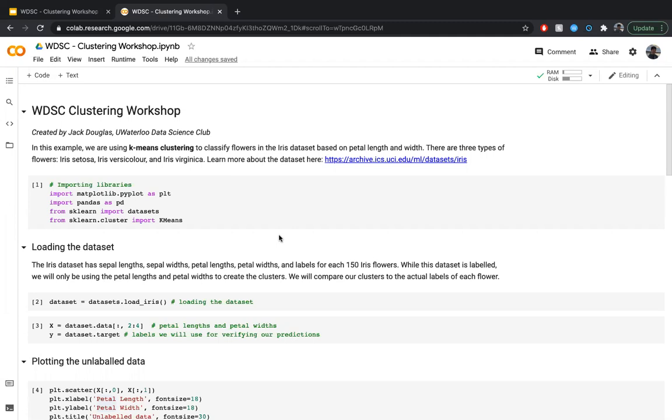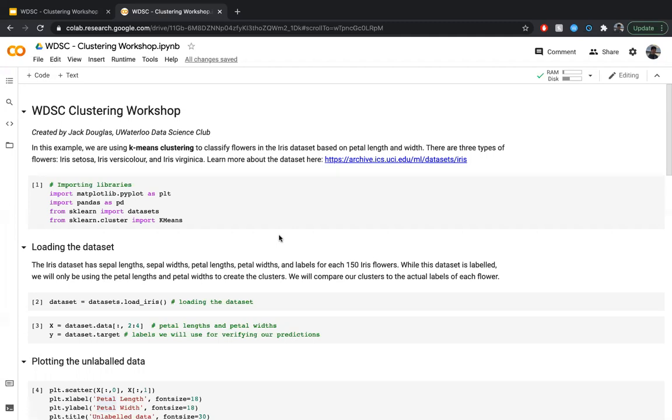For this notebook, we're using the iris dataset, which is a dataset with a bunch of flower metrics. It has the petal length and petal width, the sepal length and sepal width, and it also has the actual flower type itself, so it is a labeled dataset.